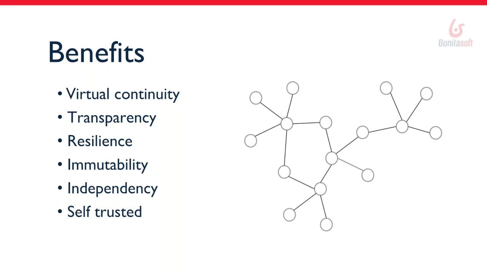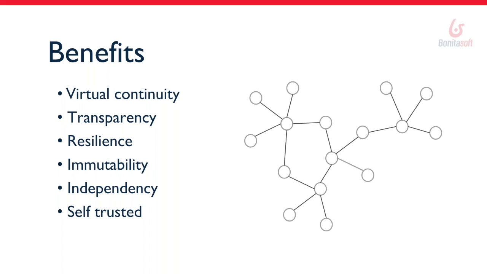The first one is virtual continuity, because every single participant of a blockchain network will hold a copy of the entire ledger, the entire history of every transaction that ever happened on the blockchain. And if everybody holds the same copy, we can trace the journey of any asset that is managed by this blockchain network. And therefore, we enable what we call the virtual continuity of an asset, because we know exactly what happened to it.